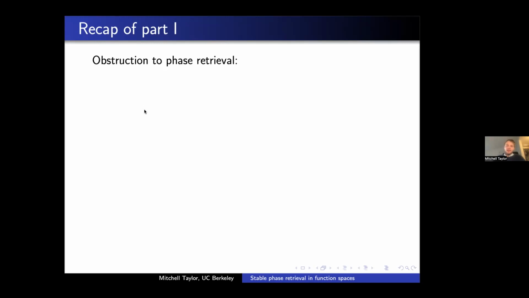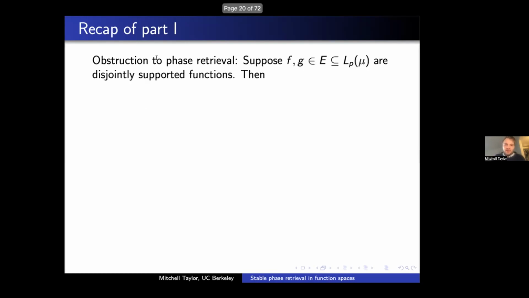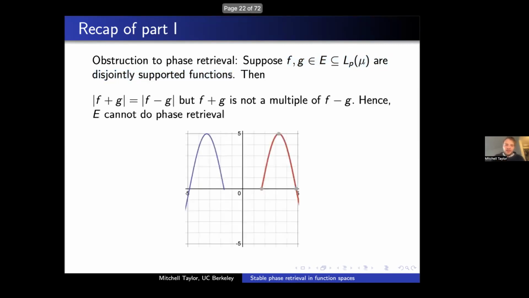Okay, so the first obstruction to phase retrieval, Dan already mentioned, it's very simple, is, well, if I take two elements of my subspace of LP and I assume that these functions are disjointly supported, then I'm going to have a lot of troubles. And the reason is, well, I look at a graph like this. I look at two functions, f and g.